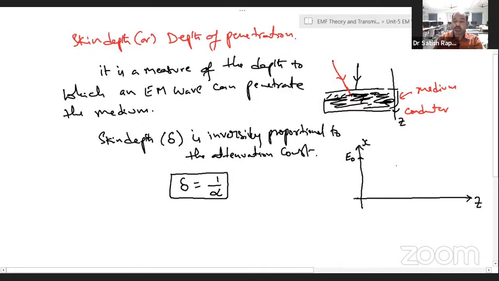When it is incident on the surface of the media, it penetrates in.